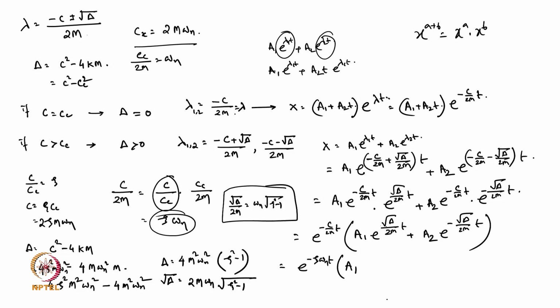So once I substitute this here, I will have omega n into root of xi square minus 1 into t plus a2 into e to the power of minus omega n into root of xi square minus 1 into t. That is my solution.